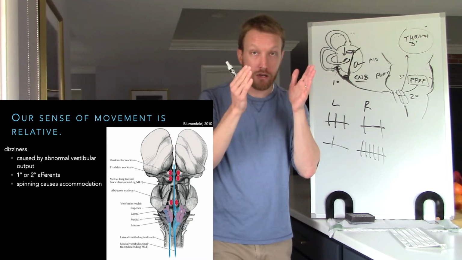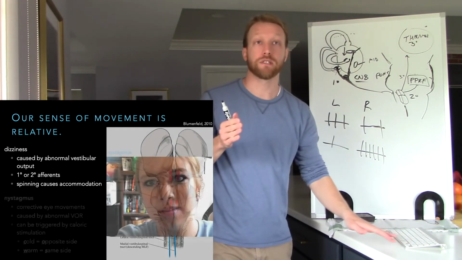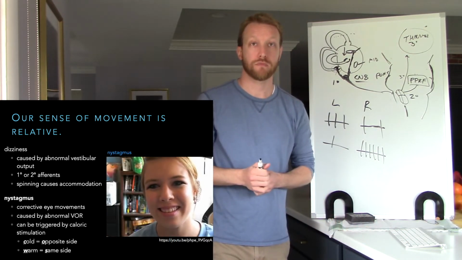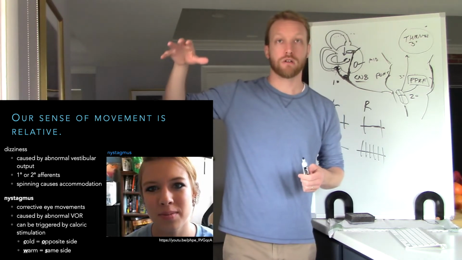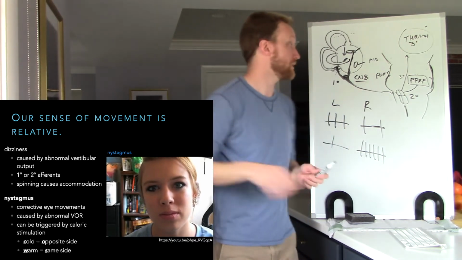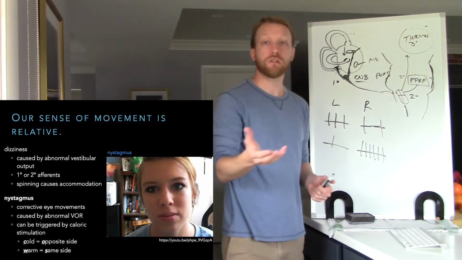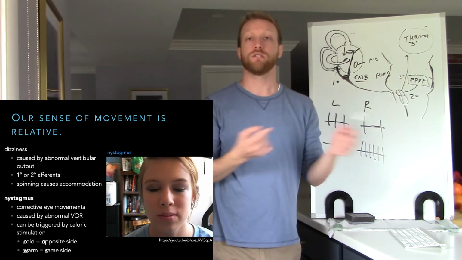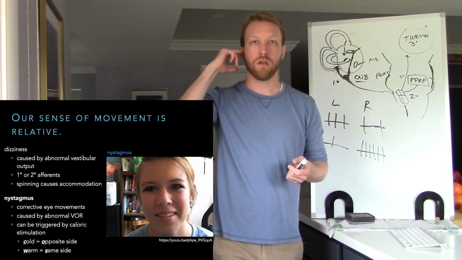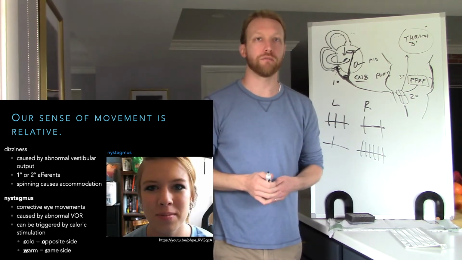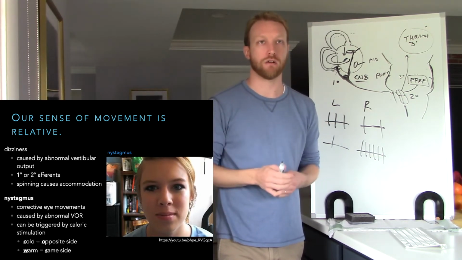You'll also get nystagmus as a result. Now here we can see a more pronounced case of nystagmus caused by actually damage to the vestibular nuclei. But you can create this without actually damaging anything. Just spin. Or you can put some hot or cold water in your ear, but that's messier and takes a whole lot longer.